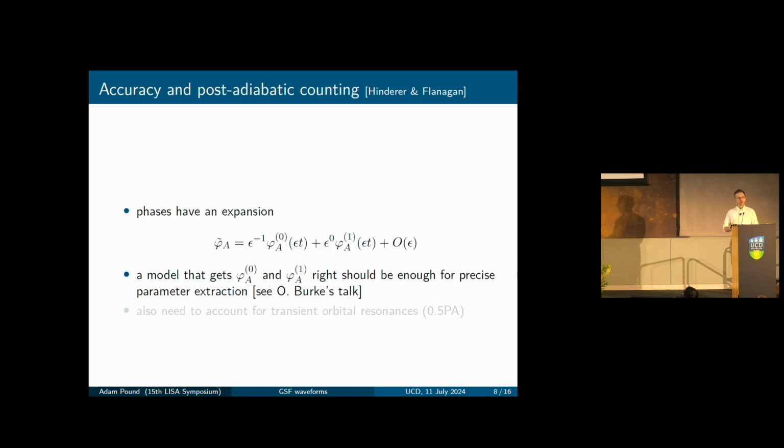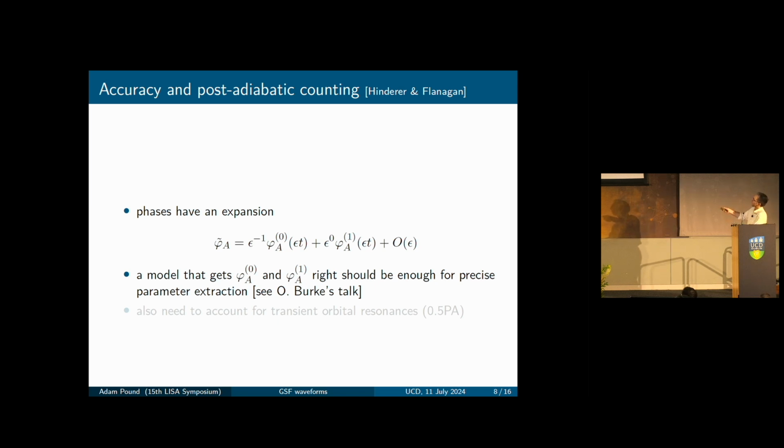So we have a method that we say is accurate. We say it's fast. How accurate do we actually need it to be? And by that I mean, how high order in our perturbative expansion do we need to go? So the estimate for how high order we need to go is based on the long-term behavior of these orbital phases, because they directly encode the phases of the waveform.